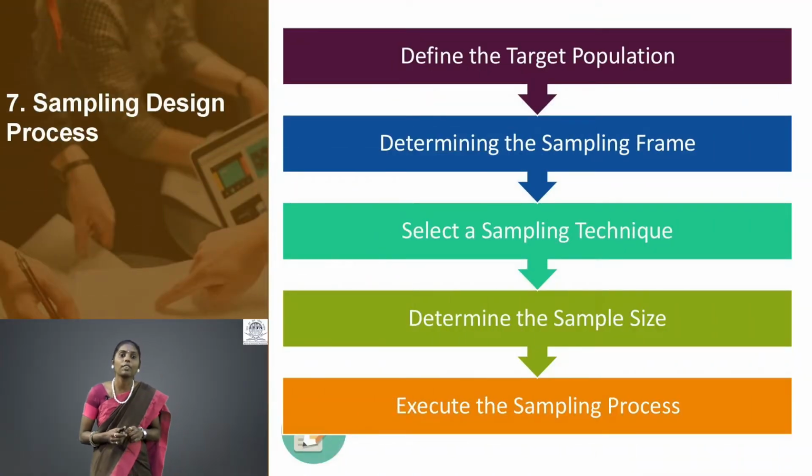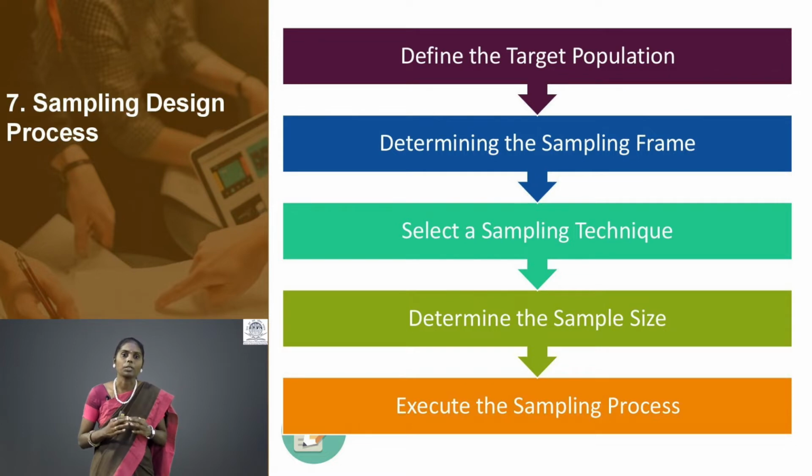First we define the target population of the study. Let's say we are carrying out a study on the effect of the newly introduced product by People's Bank. Our target population will be the farmers who are using this newly introduced product across the country.